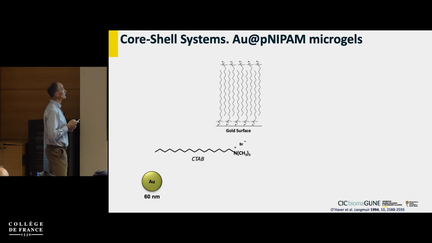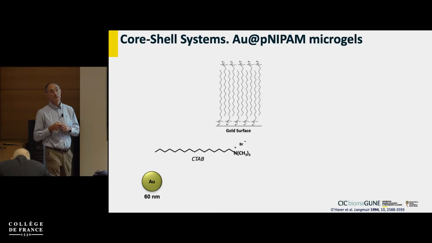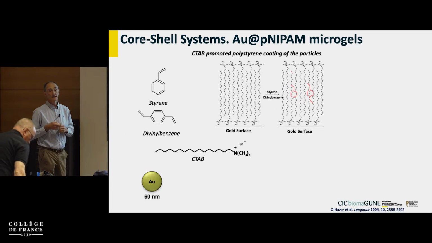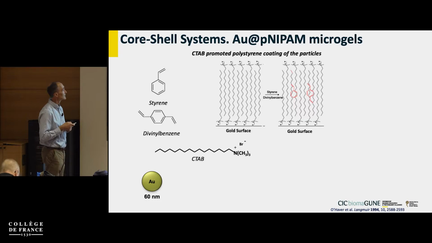So this was a piece of work that we did already a long time ago when I was still in Vigo, where we found a way to use the famous, now, for all of you, bilayer of surfactant on top of the metallic particles, which contains, as you know, an interdigitated region, which is hydrophobic. And so in that region, you can also infiltrate organic molecules, hydrophobic organic molecules, like styrene or divinyl benzene.